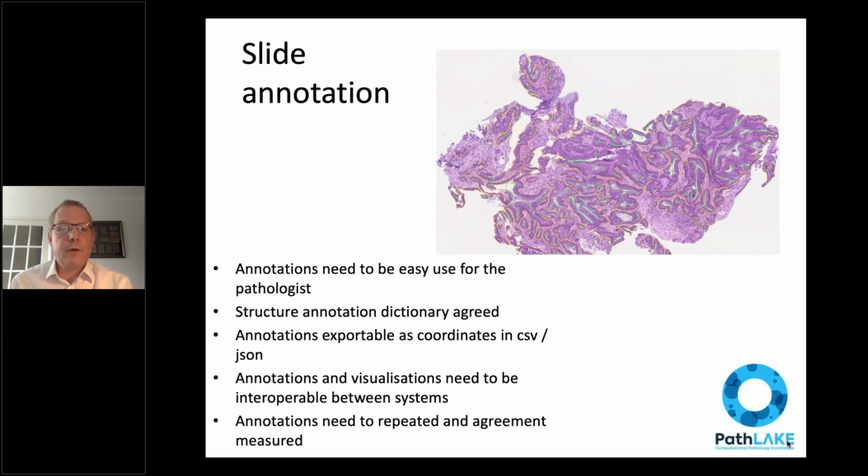Now, when you do this, it's important that in a particular case like PathLAKE, where we're starting to make this data available to other researchers to use, and where we're starting to import data from other projects which have been used as part of PathLAKE, that all of this is interoperable and that data that's been analysed in one project can be used by researchers looking at an alternative project.